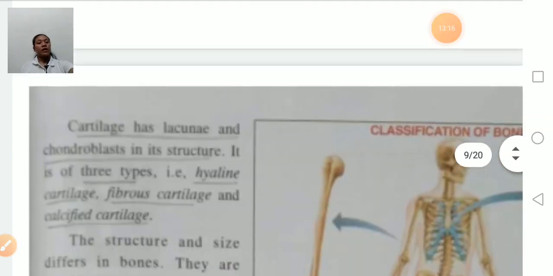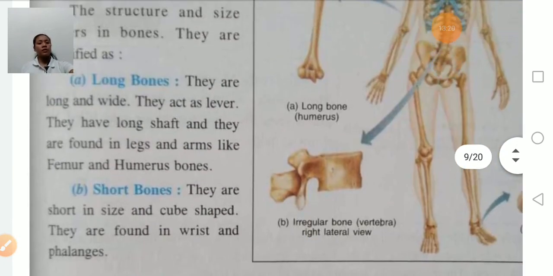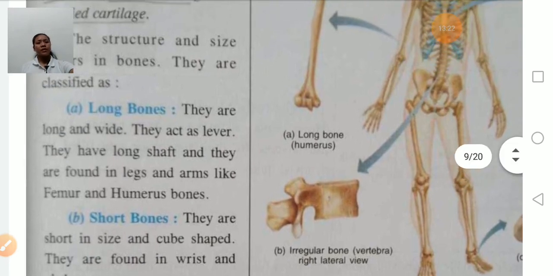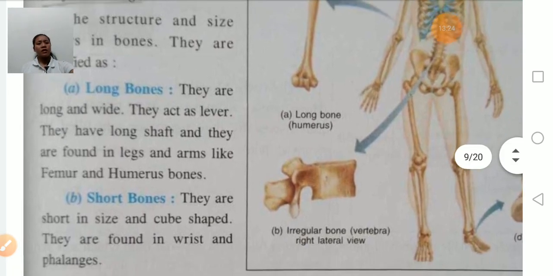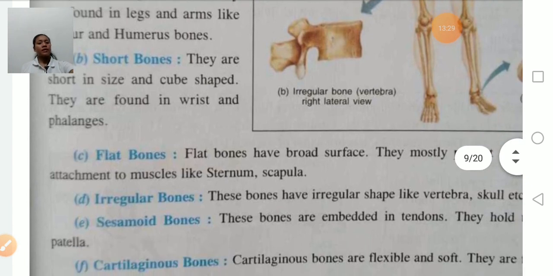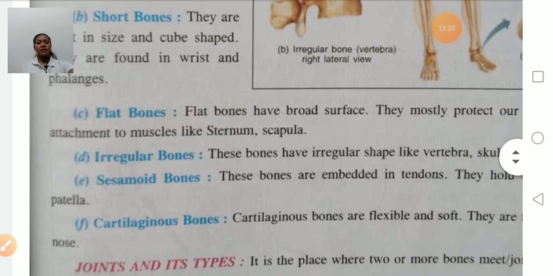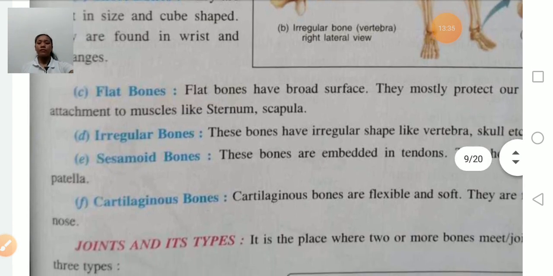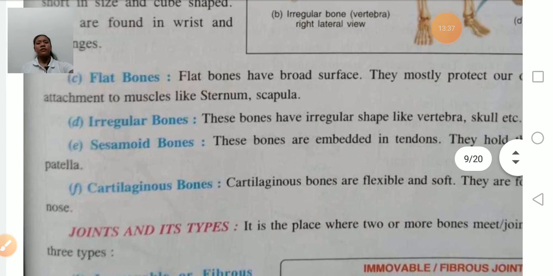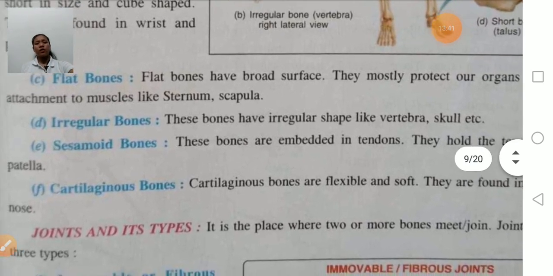There are types of bones: long bones, which are present in the thigh, hand, etc. Short bones, which are short in size, cube shaped, and present in the wrist. Flat bones, which are flat and protect our organs.